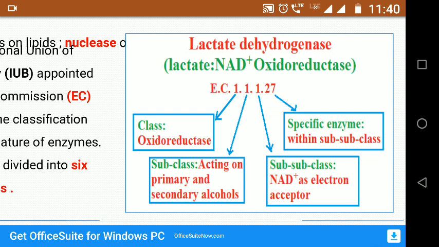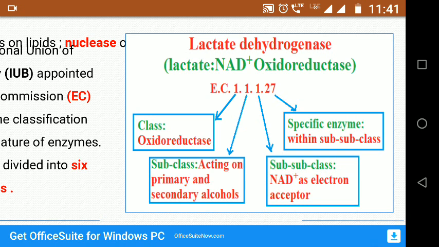The second number shows the subclass. The 6 different classes are again divided into subclasses. The second number is for the subclass, once again the third number is for the subclass, and the fourth number is for the specific enzyme that comes under this subclass.